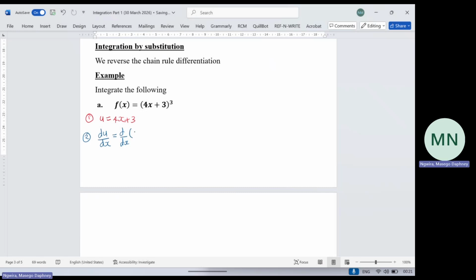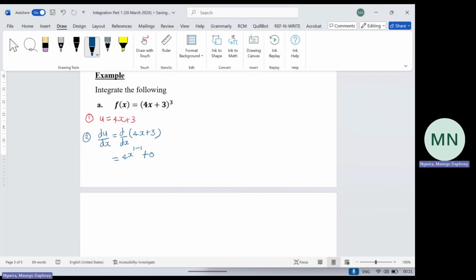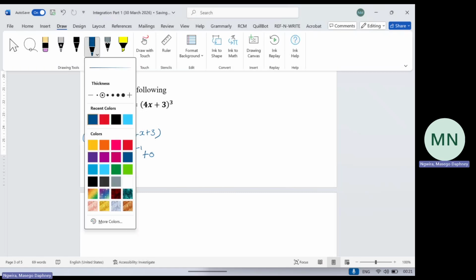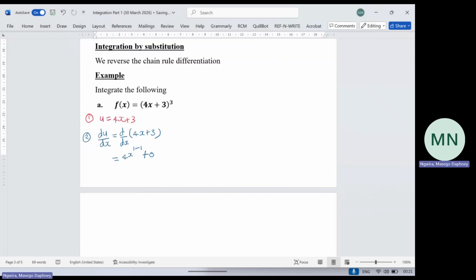So u is 4x plus 3, which is going to be equal to, remember when we derive, we say 4, then x to the power of 1 minus 1, then plus 0. When we derive, remember, it's 1 minus 1, the derivative. I'm just using this so that you remember.